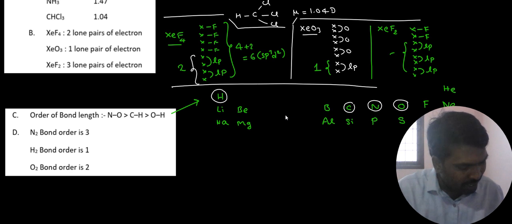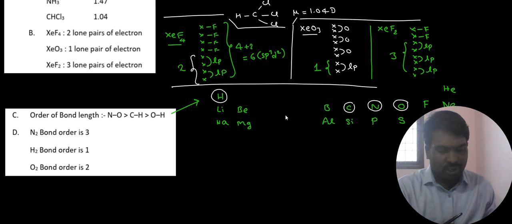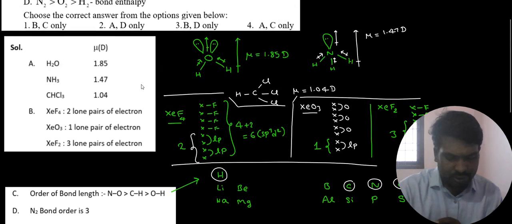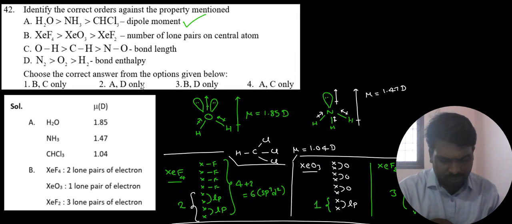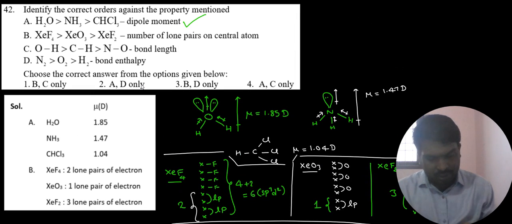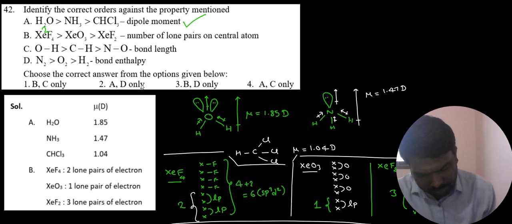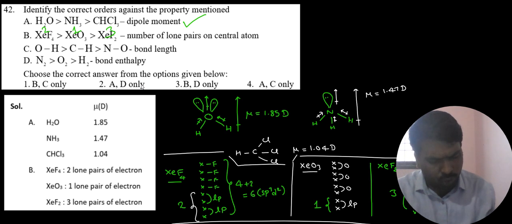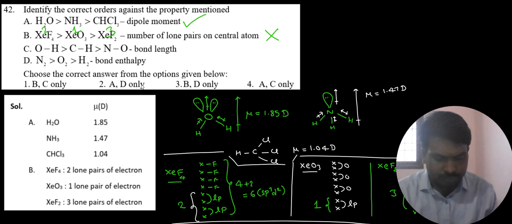So how many lone pairs? 3 lone pairs. On the central atom, XeF4 has 2 lone pairs, XeO3 1 lone pair, XeF2 3 lone pairs. Is it the correct order or not? Verify once: 2, 1, 3. So this is the wrong order.